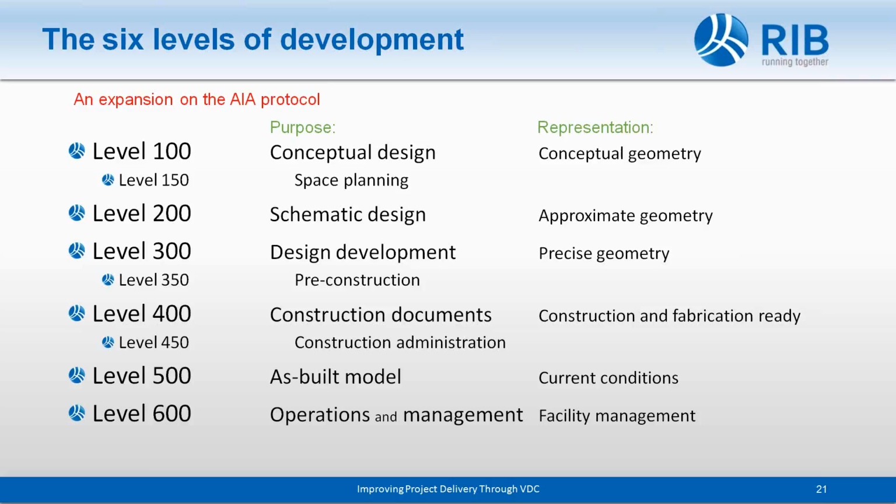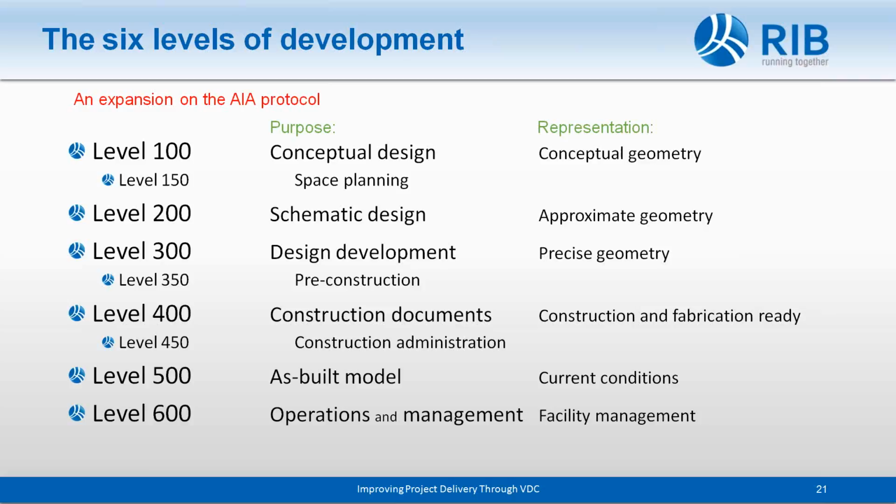Anyway, moving from 100, 200, 300, 400 on up, you can see that models can be defined by their level. But let me make this clear. A given model made up of many, many objects, each object in there is going to have its own level, its own LOD. So a given model is going to consist of objects of varying LODs.